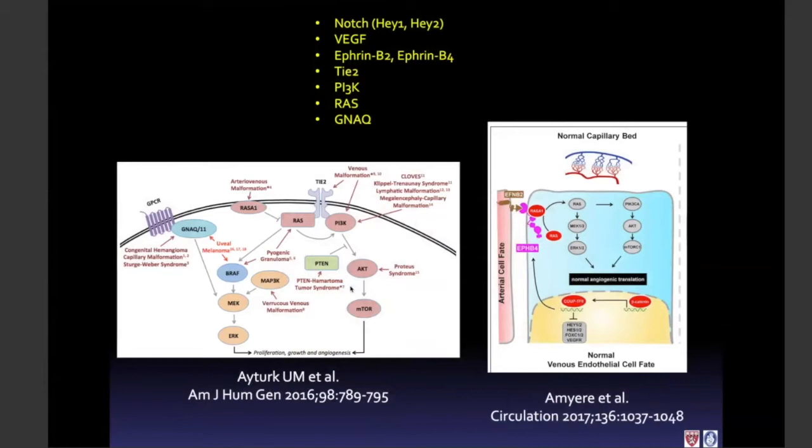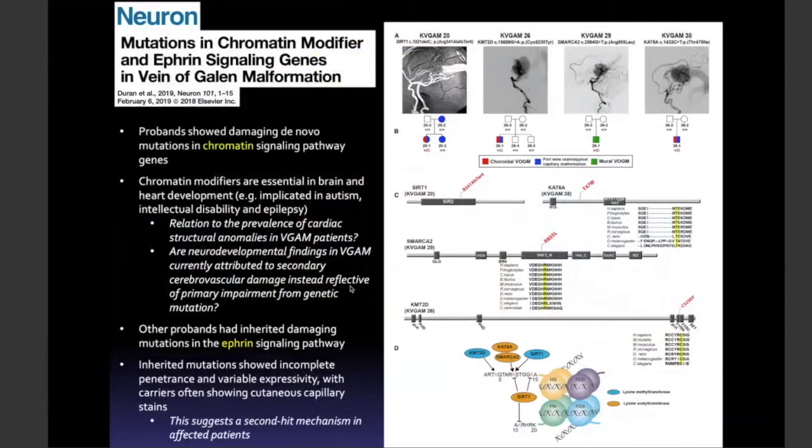And specifically with regard to vein of Galen malformation, Kristopher Kahle, who's a neurosurgeon at Yale, has been doing a really beautiful project on whole exome sequencing, collecting genetic material from infants and their parents from around the world. We're part of this group, and recently published this paper in Neuron showing, based on whole exome sequencing, individualized mutations for given patients and starting to correlate actual genetic mutations with phenotypic expression. And clearly, mutations in the ephrin pathway and the chromatin pathway, and then previously identified mutations in other pathways, are very important and will become more important down the road.